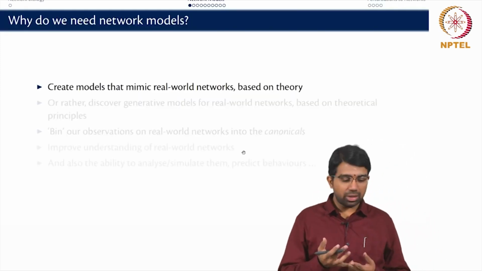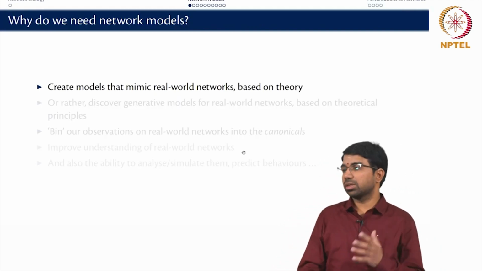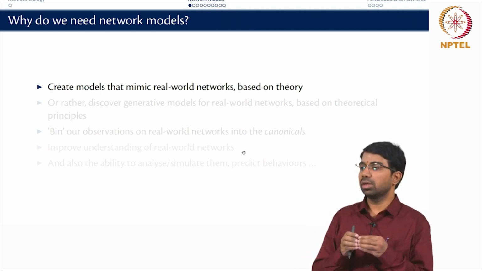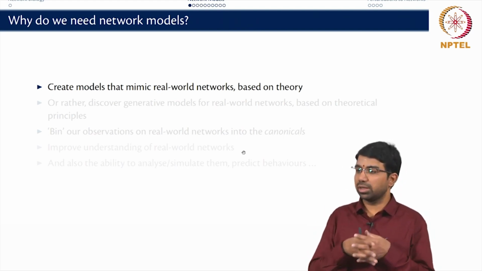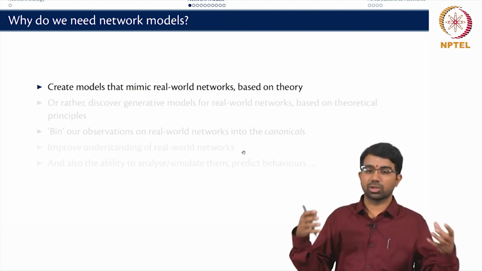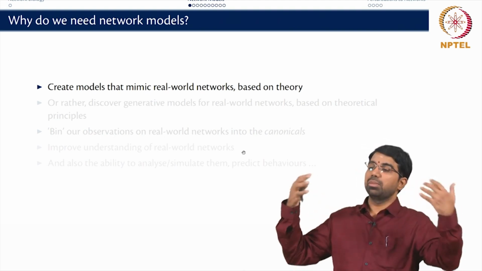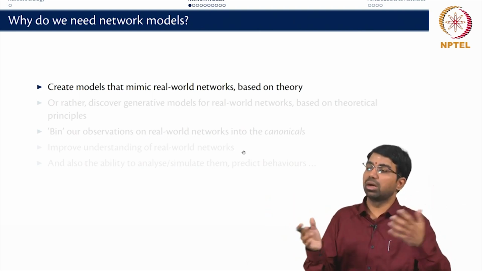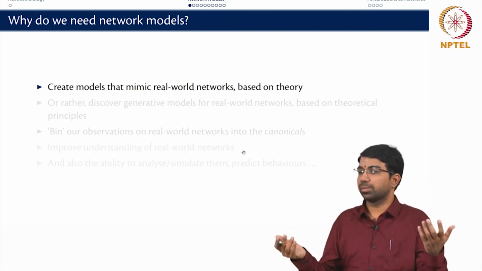So, we want to create models that mimic real world networks based on a theory. Maybe I make some assumptions, this is how people connect to one another, and I use those assumptions to build a network and then see if it matches my social network. Then I can comment that maybe this is how people networks get formed in real life as well.